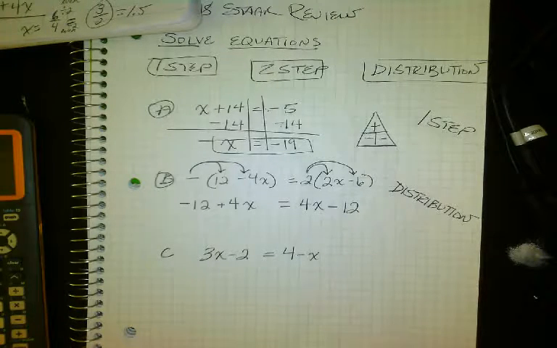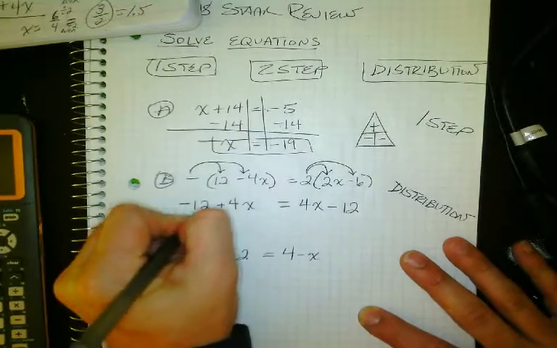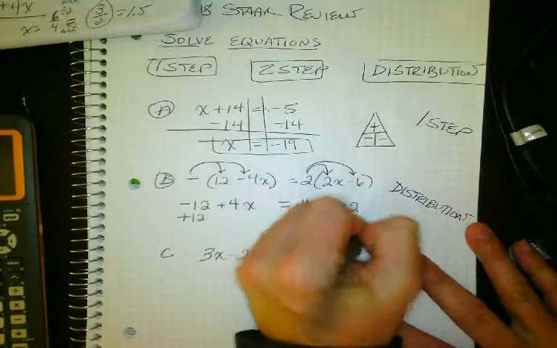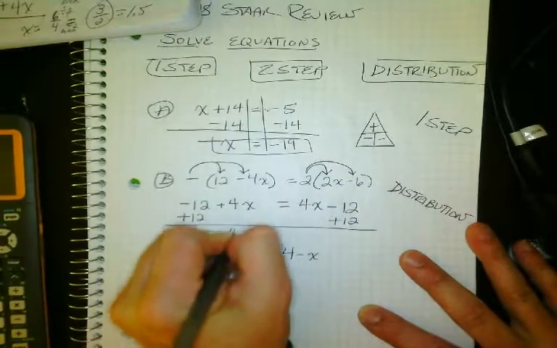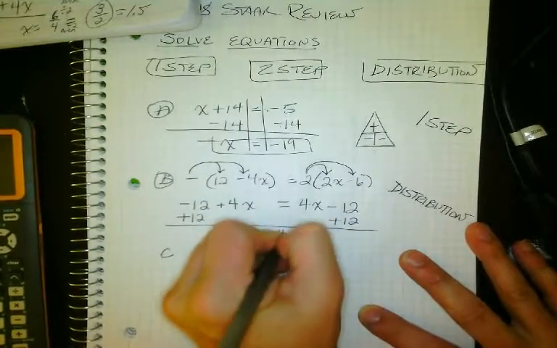No hay una respuesta correcta. ¿Qué quieres? ¿Positivo? Oye, positivo 12, muy bien. Alright, so the first things first, we're going to say positive 12. Good, Chun. So now we have 4x is 4x.